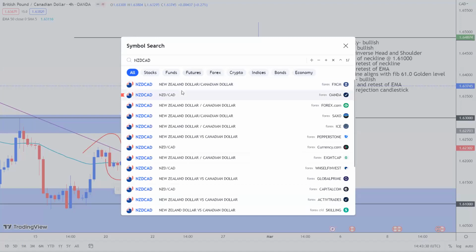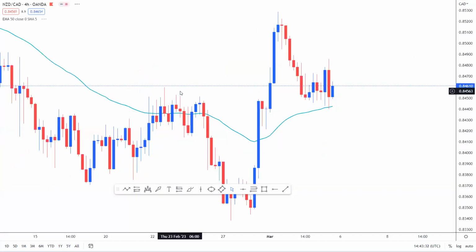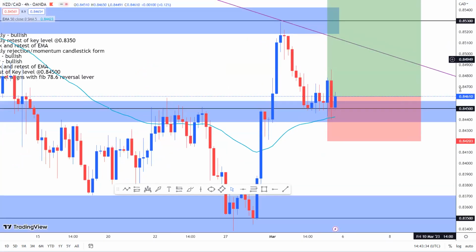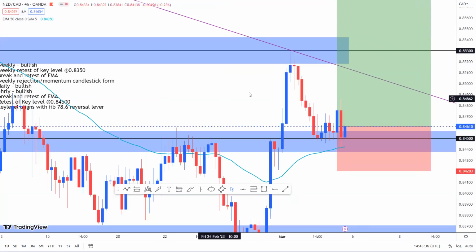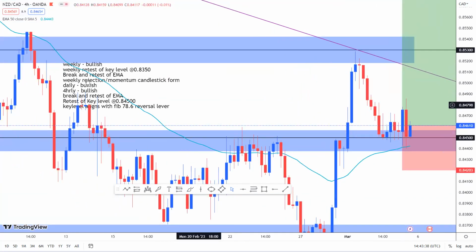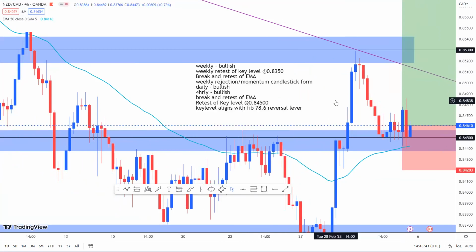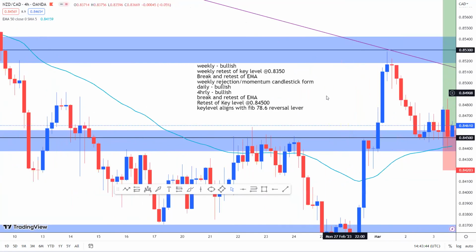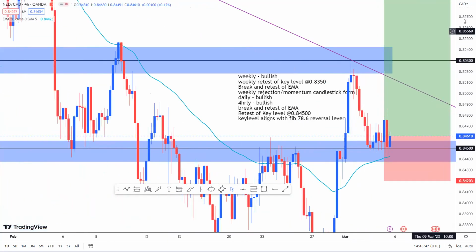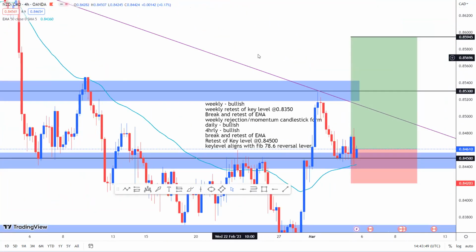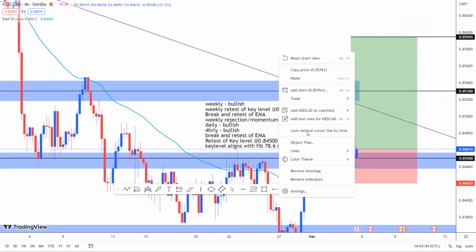So moving to the next would be what? NZD CAD. Yes, so very quickly, I'll clear up the charts right here so I can start the analysis on NZD CAD, as this would be presenting us with a potential buying opportunity also at the open of market tonight.